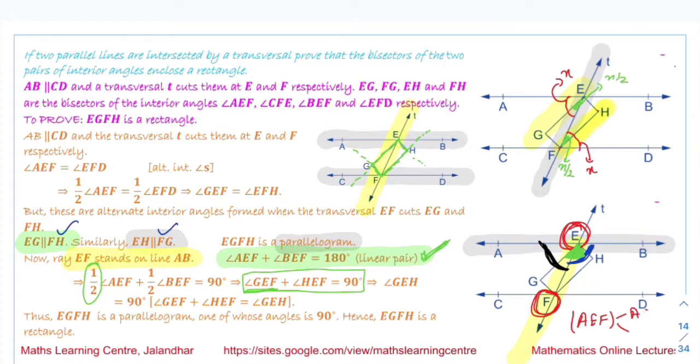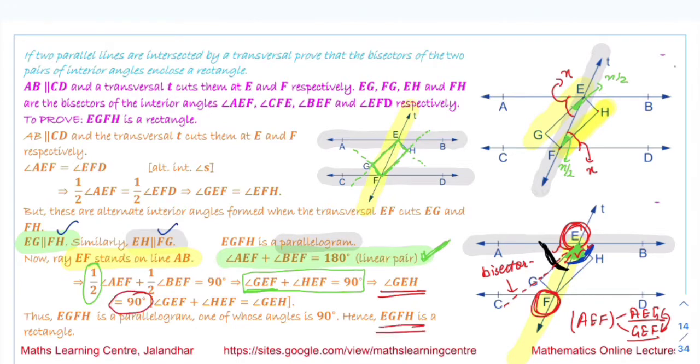One is AEG and second is GEF, and both these parts are equal because this line EG is the bisector. It means both these angles are equal. Similarly, both these smaller angles are equal. So finally we get that angle GEH is equal to 90 degrees.